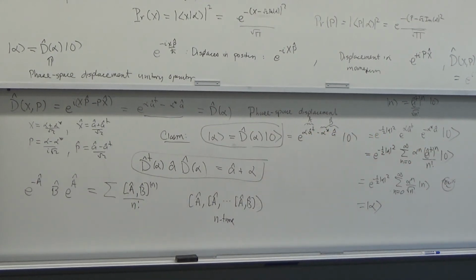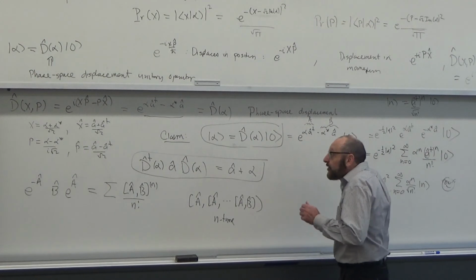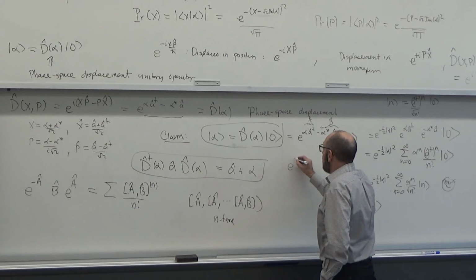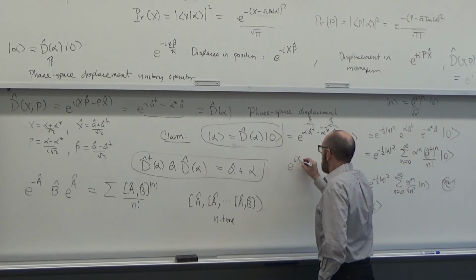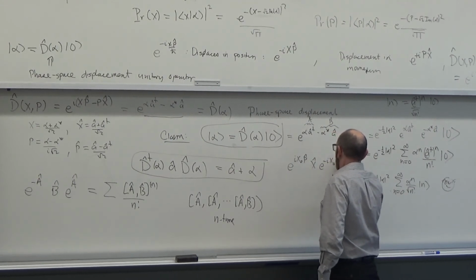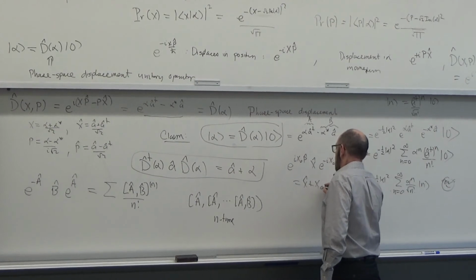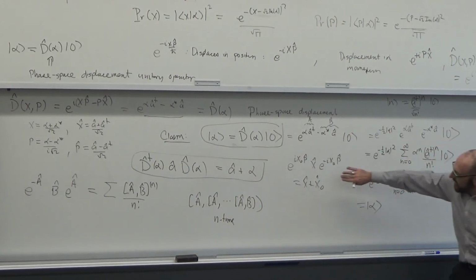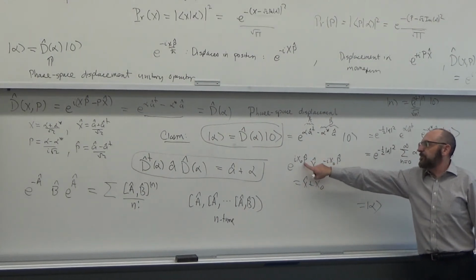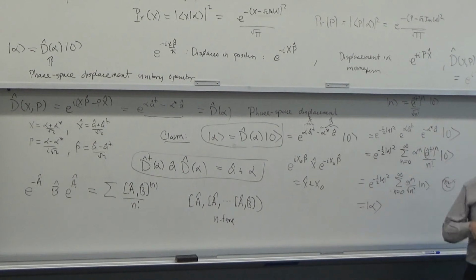So the phase space displacement operator displaces A by this. I'll give you another thing that's true if I looked at the unitary transformation of the position operator. P is the generator of displacements in position. It displaces the position operator. A unitary transformation does that in that way.